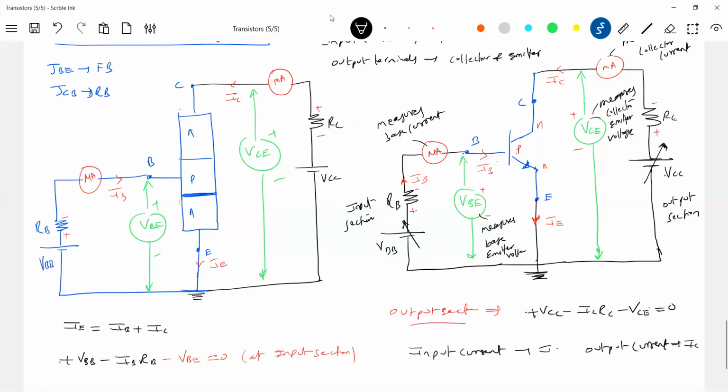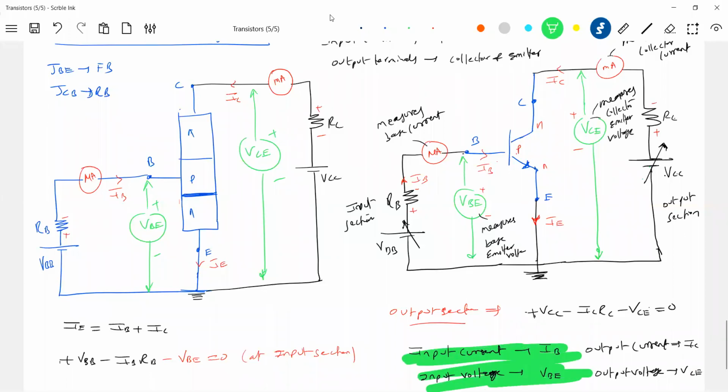IC. What is the input voltage? VB. What is the output voltage? VC. These are some terms, because when I say input voltage, input current, it should flash for you.